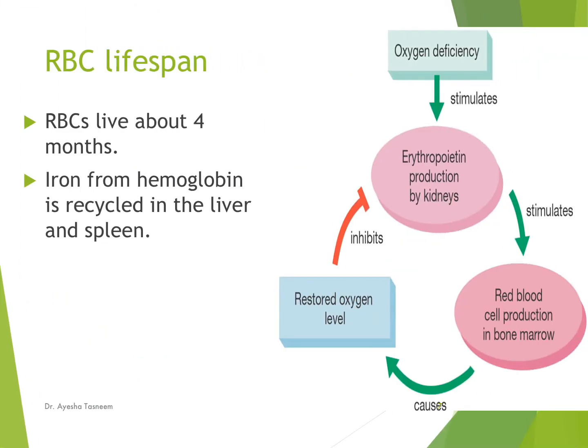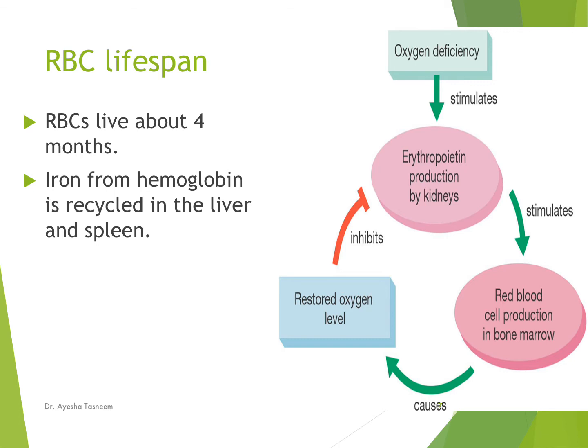Total lifespan of a normal RBC is 120 days or 4 months. Hemoglobin is recycled in the liver and spleen, and it forms the cycle of formation of RBC you can see on your screens.